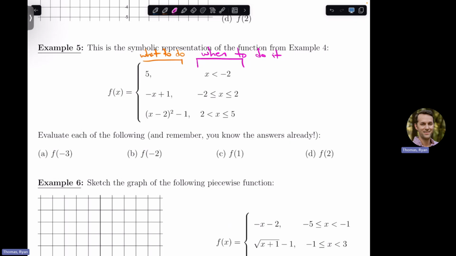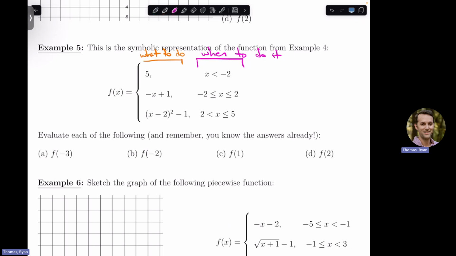Do this when x is even. Think of income tax, for example. Pay this much when your income is in here, and pay this much when your income is like that.